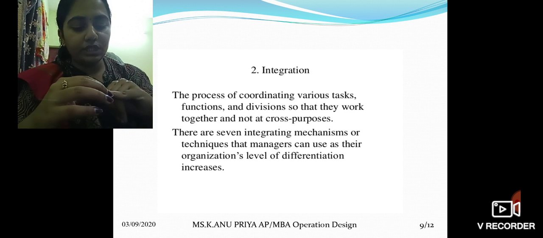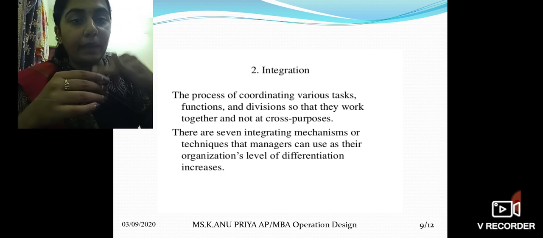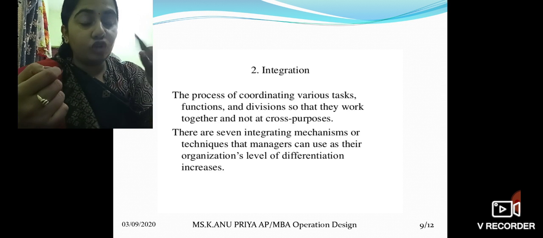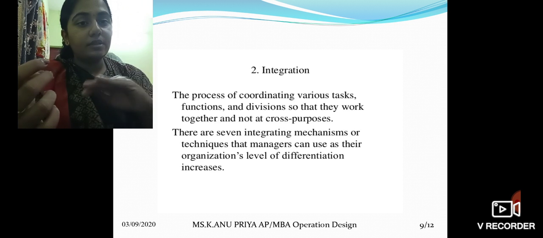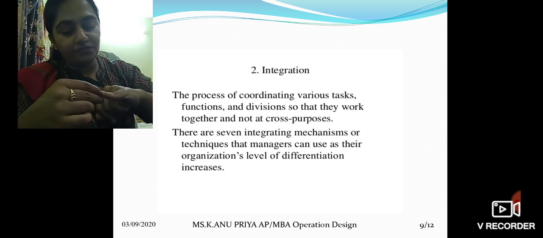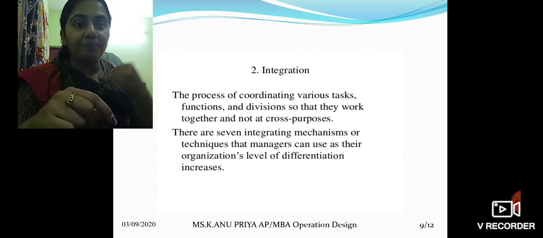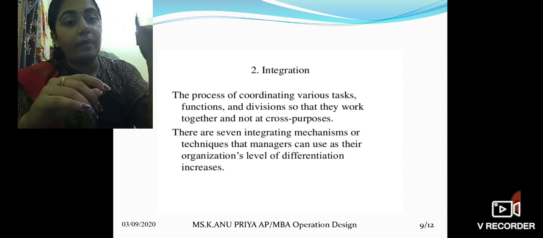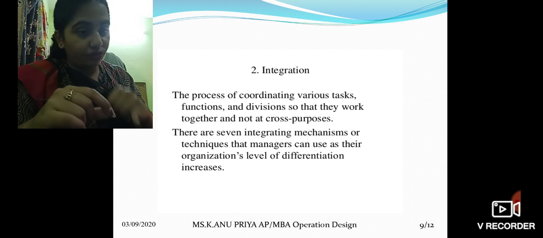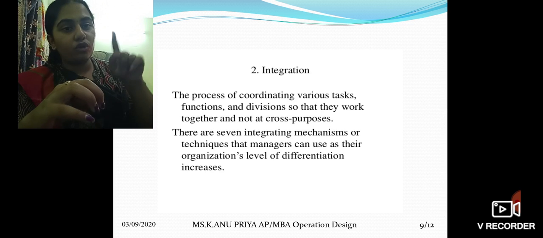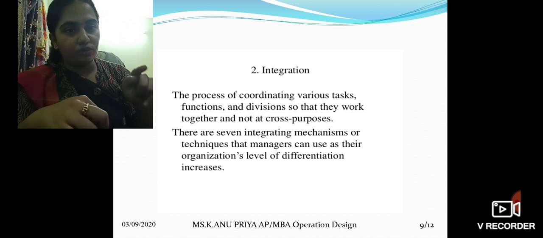So the employees should be answerable to the managers, and the managers should be answerable to the top management. This is a straight process. When it goes across, if the employee is answerable to the management and the management is answerable to the employees, then why is there a manager called a middleman? So the process should not be crossed. It should be a straight process.